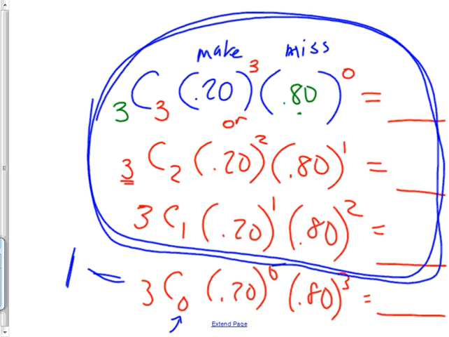I'd rather just do 1 minus getting 0. All right, so then this one really to the 0 power, I don't have to type that in. And 3 choose 0, there's only one way to do that, so that's really a 1. So it's really just 1 minus that. It would be your answer for that one.